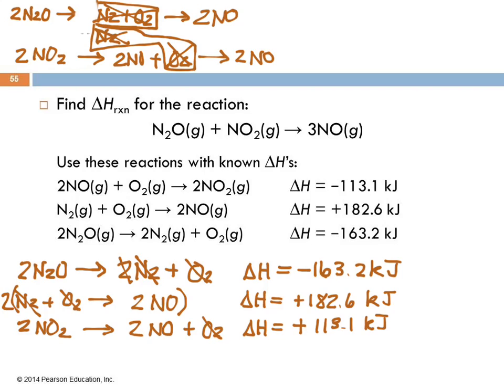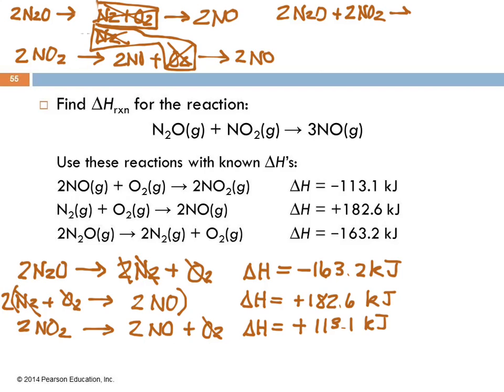Okay, so then you add the joules. So let's stop here and write down what we have left so far. So I've got 2 N2Os, that was the reactant, and another reactant was 2 NO2s.